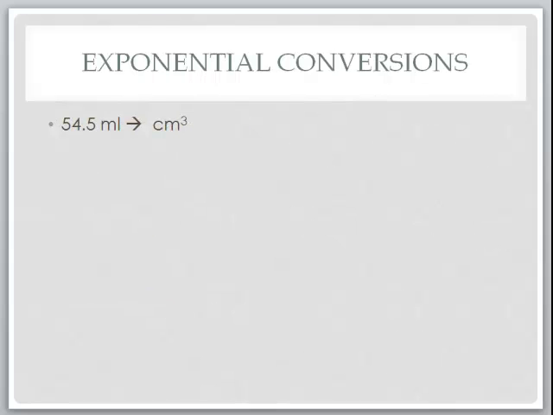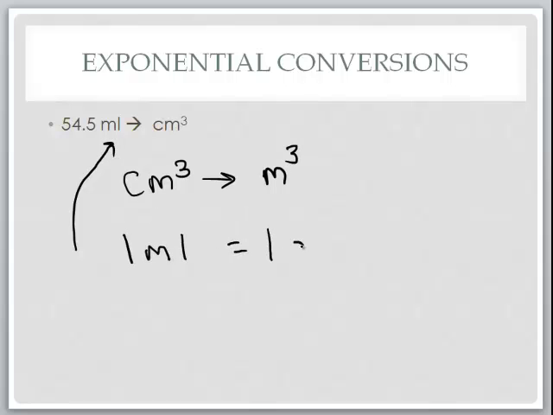Okay, let's take a look at our last slide here, and what we want to talk about are exponential conversions. We're going to talk in a lot more detail when we cover dimensional analysis about converting, say, cubic centimeters to cubic meters, but the point I want to make now is the idea that 1 milliliter is equal to 1 cubic centimeter.